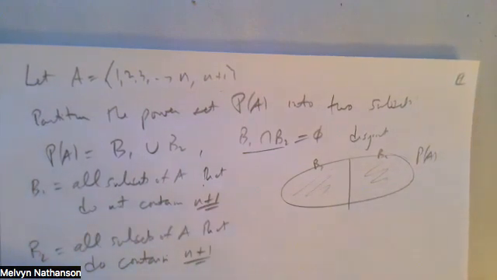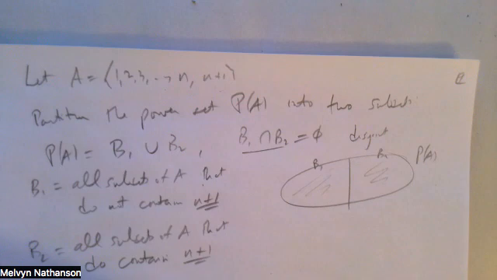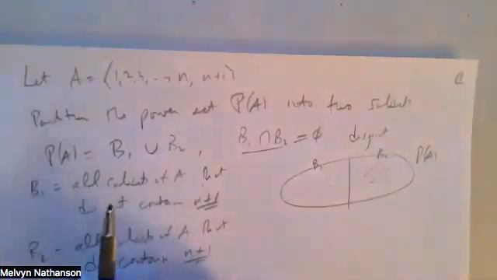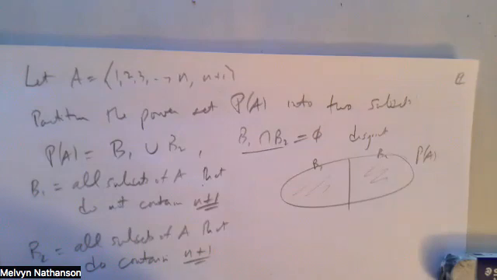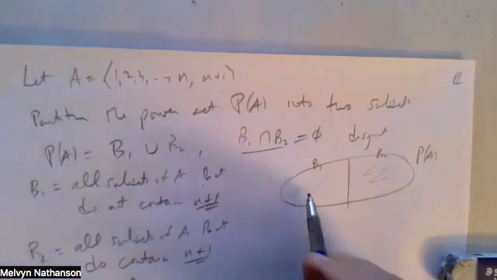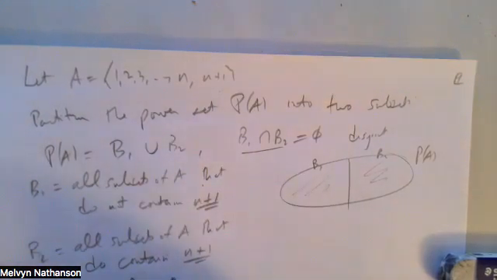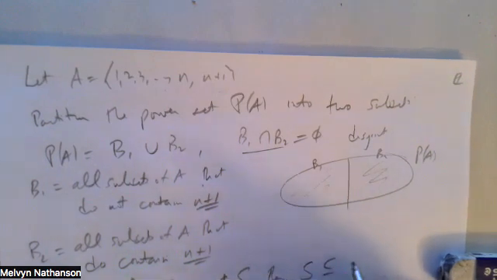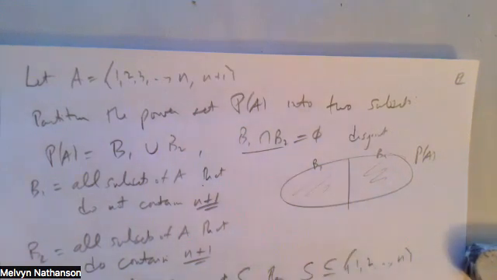So if S is in B1, that is, if the number n plus 1 is not in the subset S, then in fact, S is contained in the numbers from 1 to n.